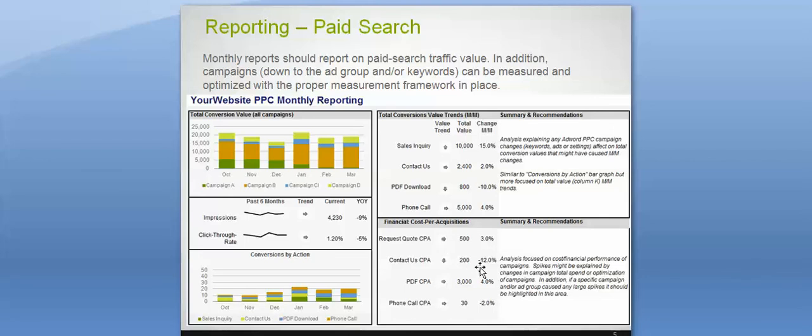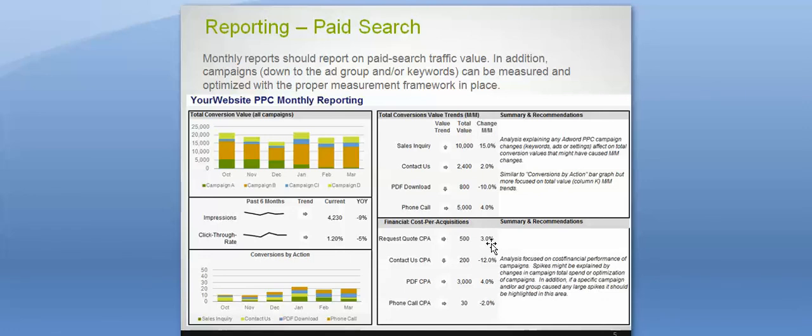And the financial cost per acquisition, that's the bottom line. That's how many actions or acquisitions, goals, divided by the cost for that month that you spent on your pay-per-click campaign. So again, it's important to be moving these in the upward direction and seeing positive month over month changes.